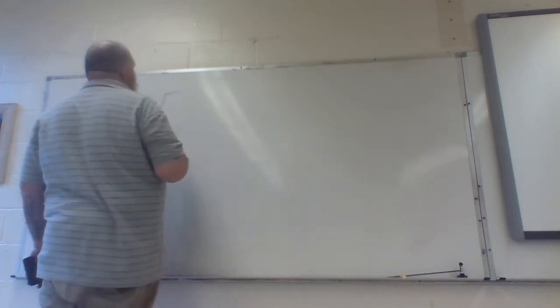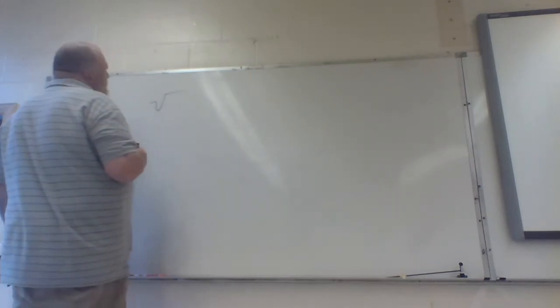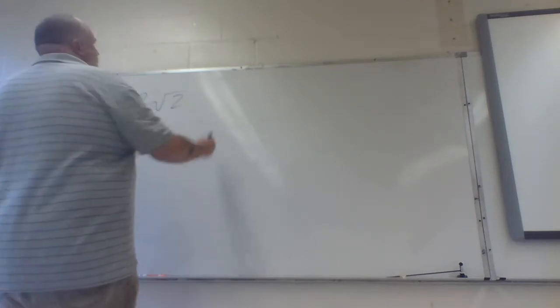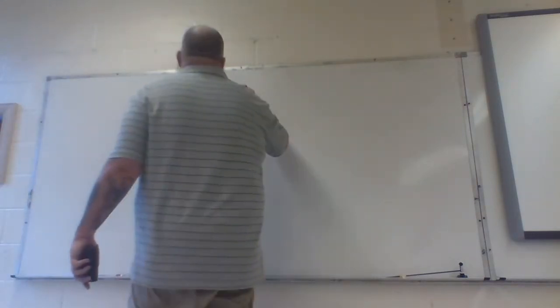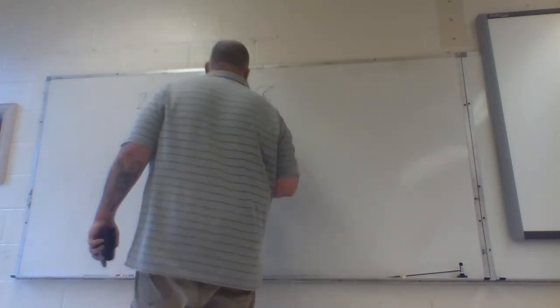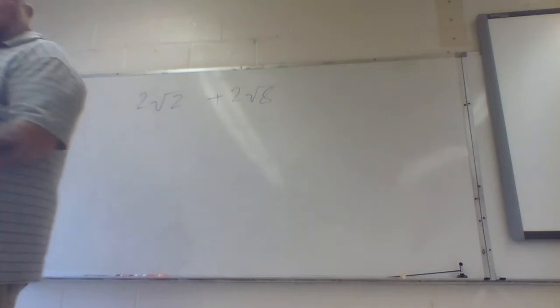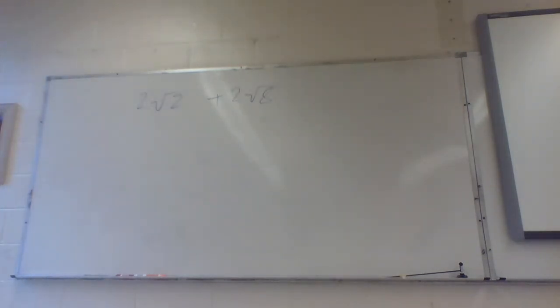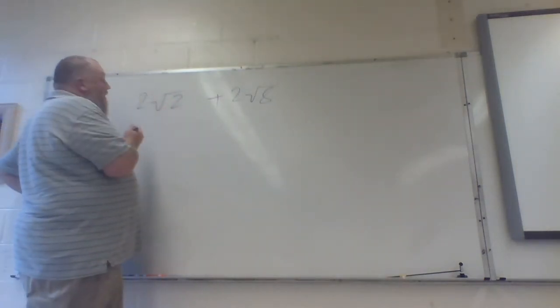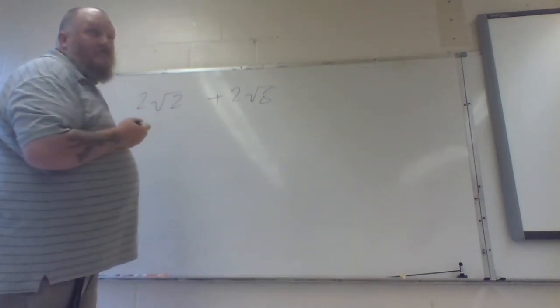Let's do 2 times the square root of 2 plus 2 times the square root of 8. Now I'm going to go ahead and work through this one. We can't really do anything with square root of 2, right? That can't be simplified. Agreed?